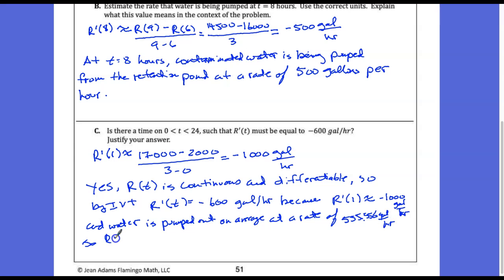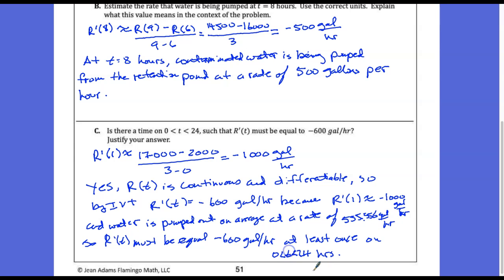So R prime of t must be equal to negative 600 gallons per hour at least once on the open interval from 0 to 24 hours.